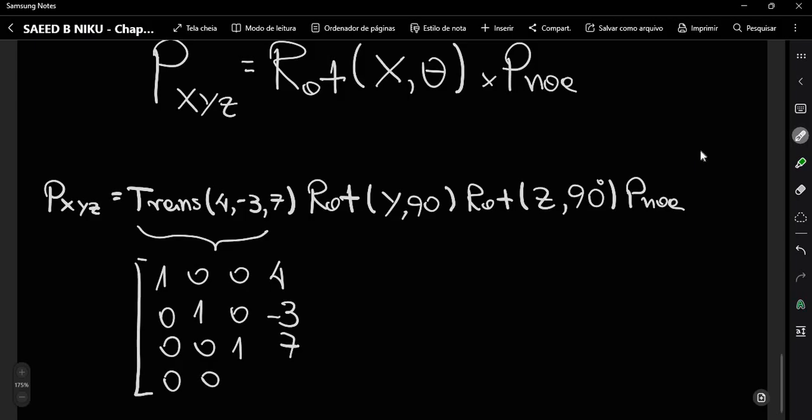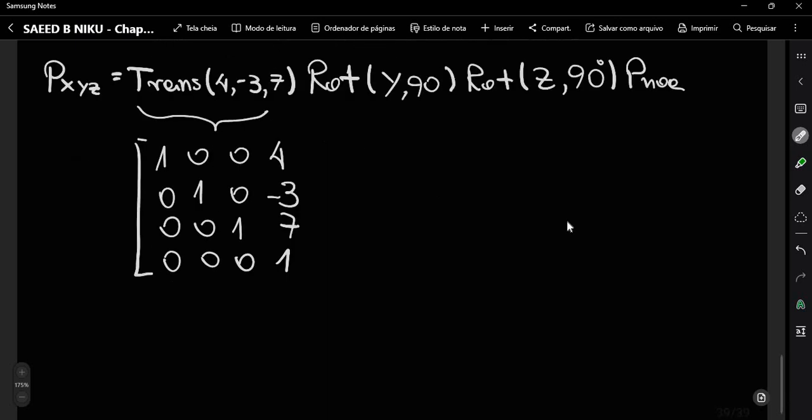And the fourth row of the matrix is a scale factor that we add to keep this matrix in square form.